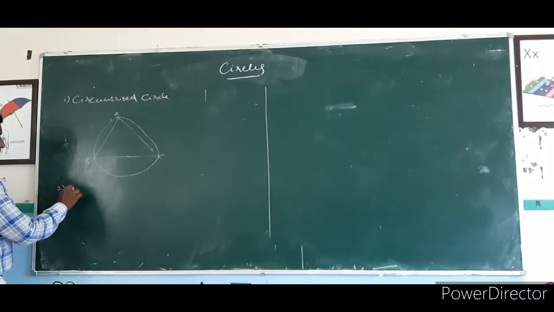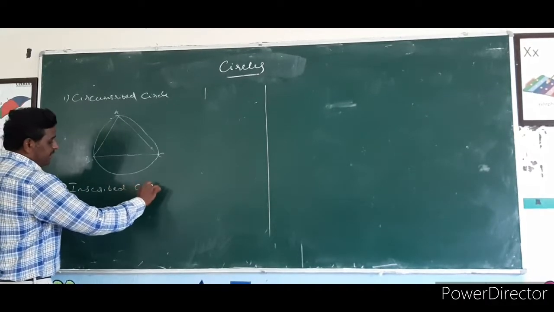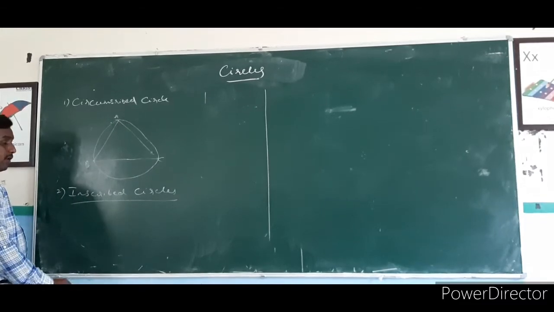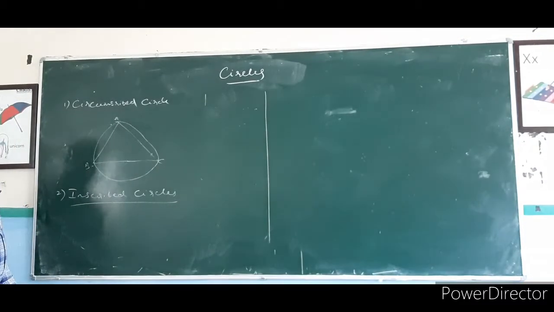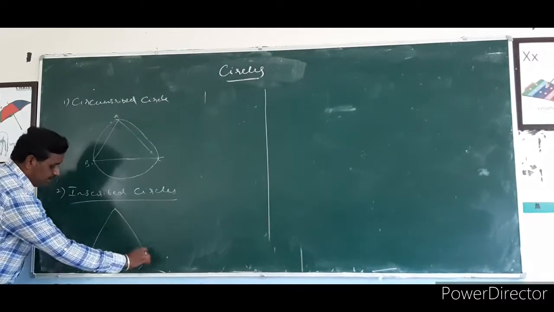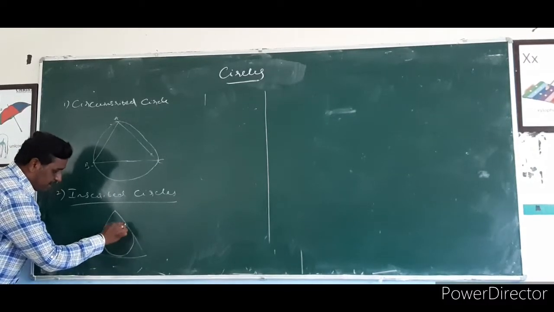The next one is the inscribed circle. An inscribed circle means a circle that touches all the sides of the polygon.